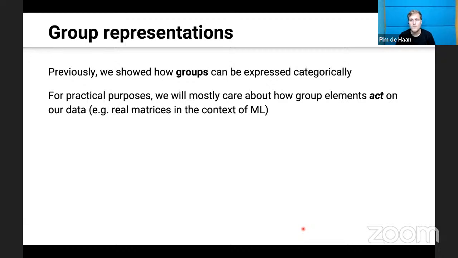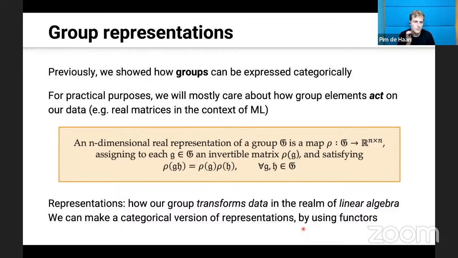An important case of functors are group representations. We can see groups themselves as abstract objects with abstract rules, but in deep learning we often have vector spaces of data, and a group representation encodes how these vector spaces transform when we act with the group.